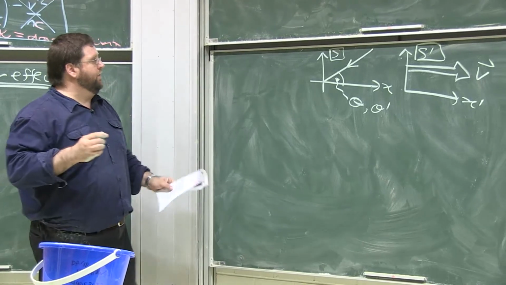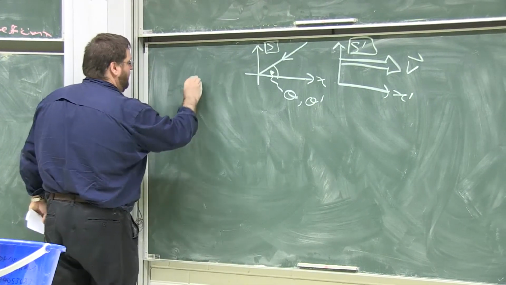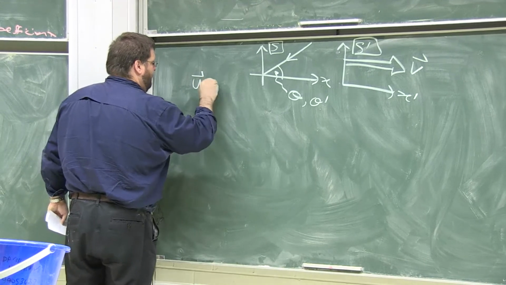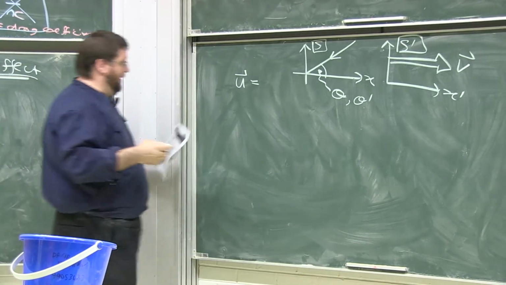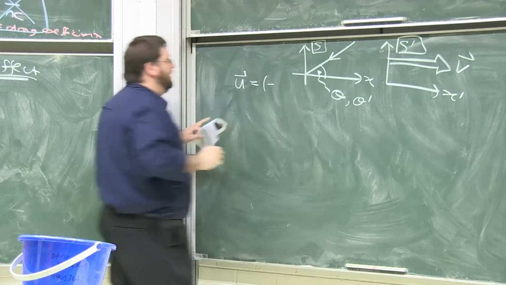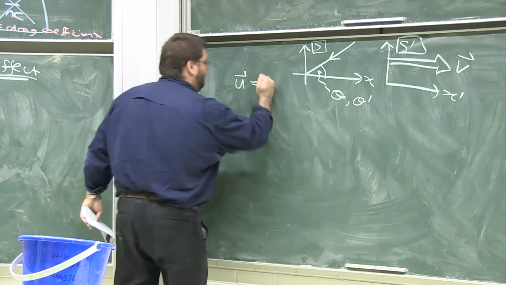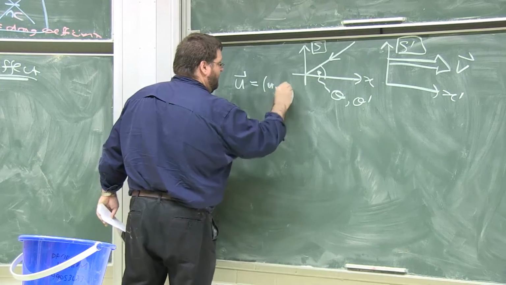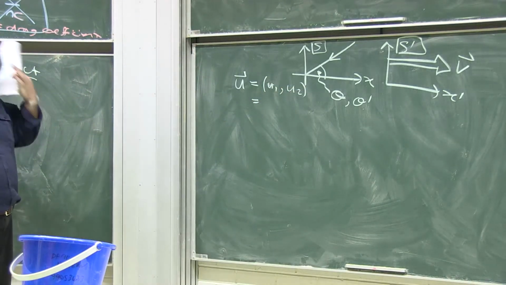Now, to begin with, I want to just define a few quantities. U is going to be the velocity of the light according to S. And S would say that in the x direction, u1, the x component, and the y component, we're ignoring, we can safely ignore the z direction here.